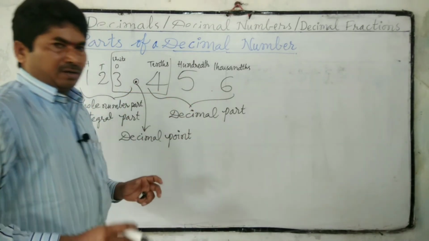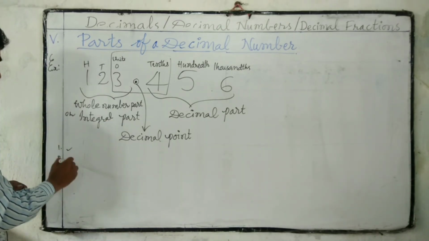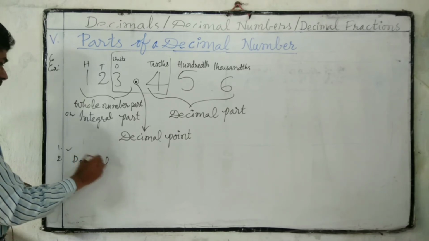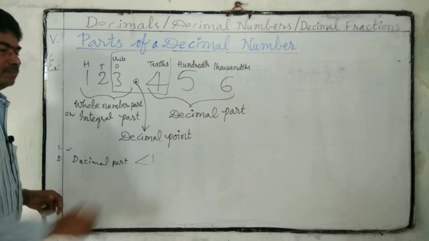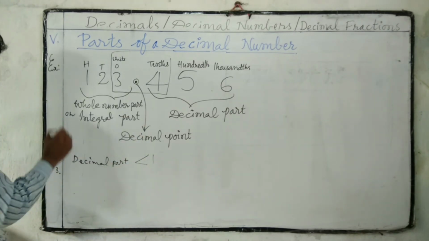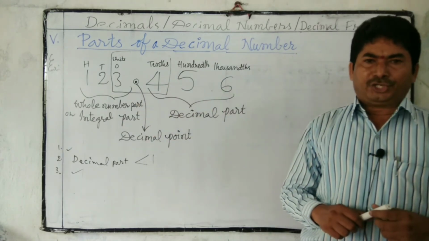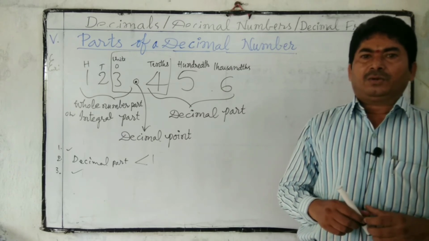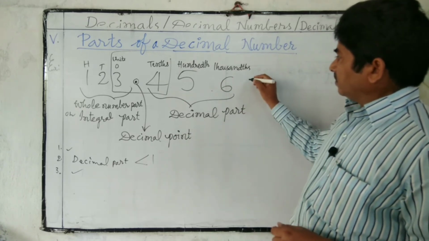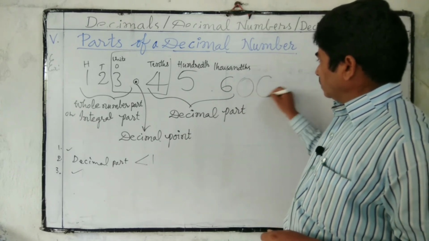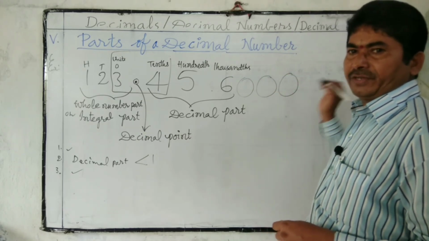This decimal part is always less than 1. The value of a decimal fraction is not changed by placing any number of zeros at the end, on the right side.